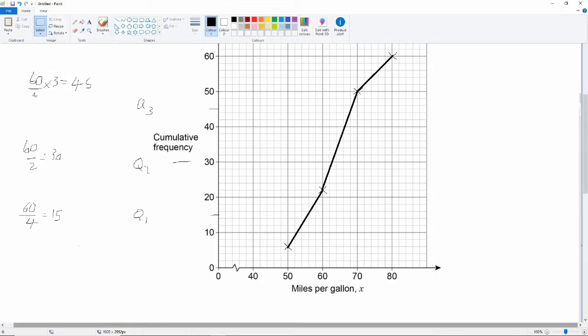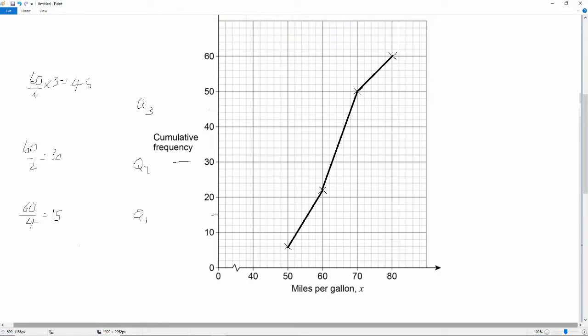And now to get the interquartile range, all we're doing is reading off our graph. So we're drawing a straight line from where the first quartile will be, which if I can get a straight line, and then draw down from here.